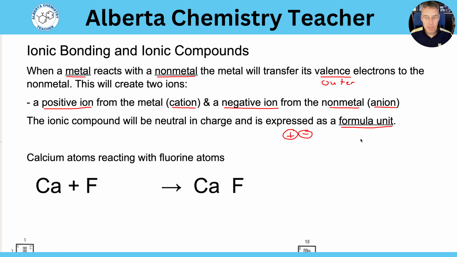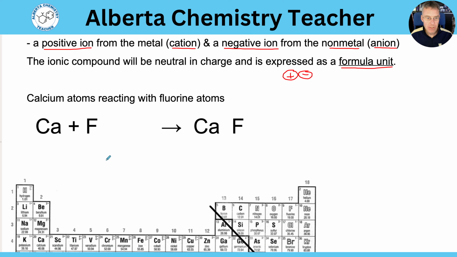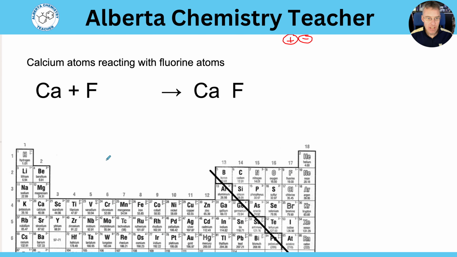Diving a little bit deeper, I'm going to use electron dot diagrams to illustrate why it's not always a one-to-one ratio. You're not going to have to do these electron dot diagrams all the time. You just need to use the charges, but make sure you have a good understanding before we continue. If we look at a reaction of calcium atoms with fluorine atoms, two neutral atoms, we can get the valence electron count for our dot diagrams from the periodic table.